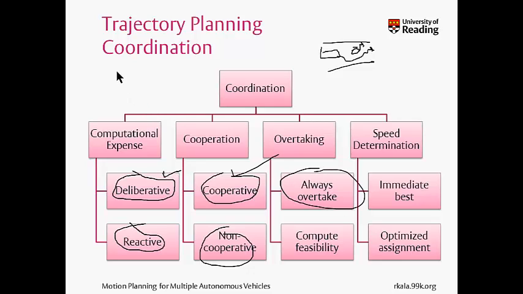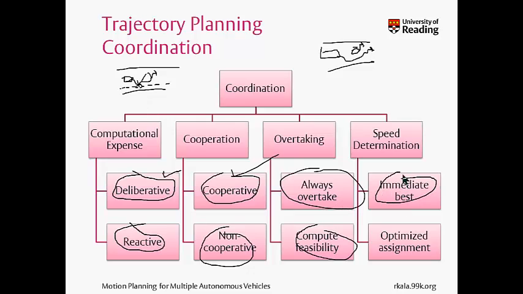There's an always-overtake strategy, where the vehicle behind always attempts to overtake and always pushes for this vehicle to cooperate. And some others decided on some kind of feasibility, wherein the vehicle behind asks whether the road is broad enough; if the road is this narrow, it will say that the overtake is not possible and it will not initiate the overtake.